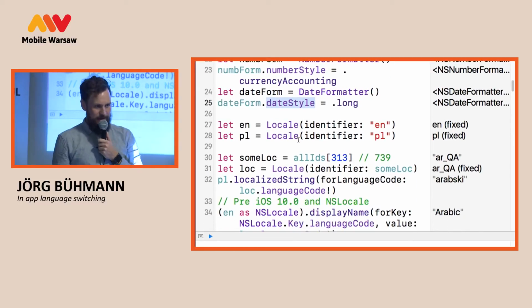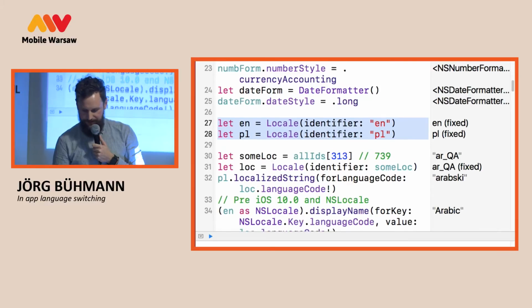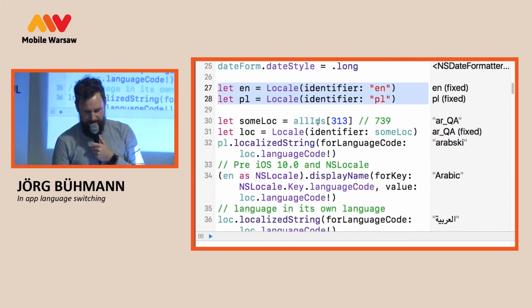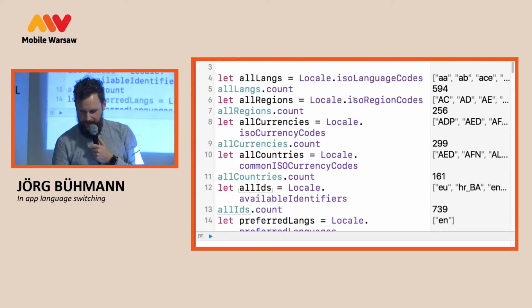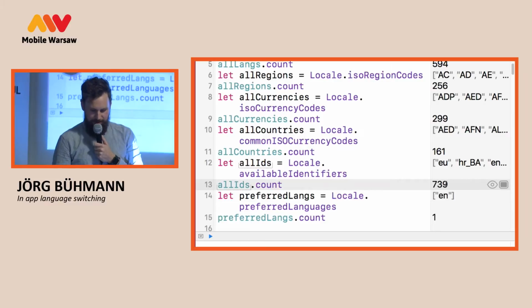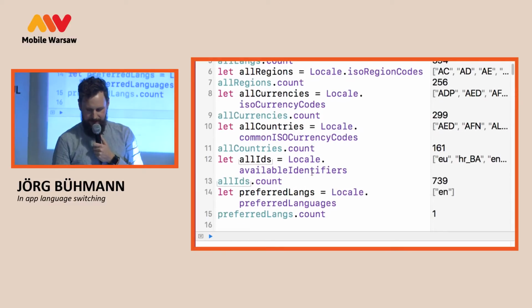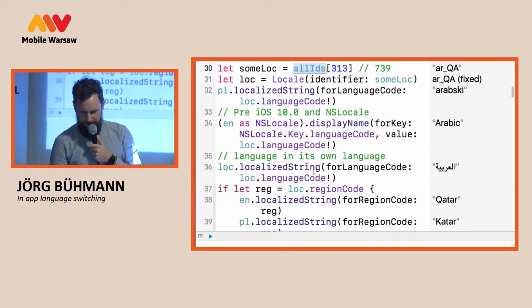So what I do now is I have two locales set up. One is Polish, just the language, and the other one English. And here, this is basically the list of all of the 739 different identifiers in total. In this case, I just picked a random one, which is Qatar.